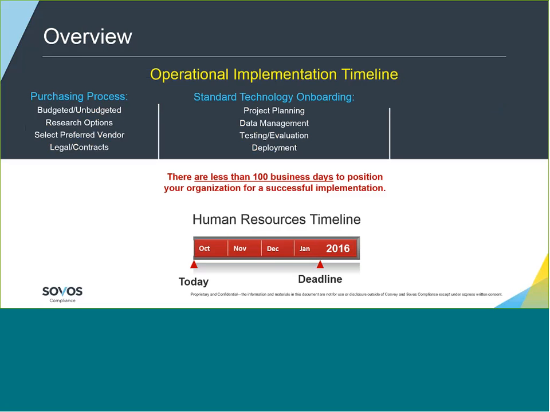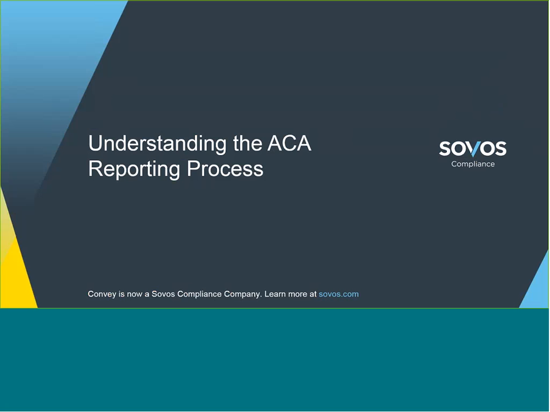There's going to be project planning or project management, data management, and identifying all the necessary pieces to fill out the forms, testing the software solution to ensure that everything is coming out accurately, and then deploying it. And then finally, any level of training that needs to be done on the software, any data solicitation for information that may be missing from employees or from providers, as well as making sure we continue to monitor the regulations put out by the IRS.